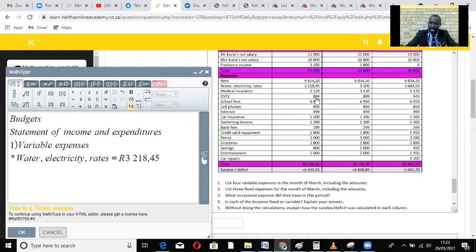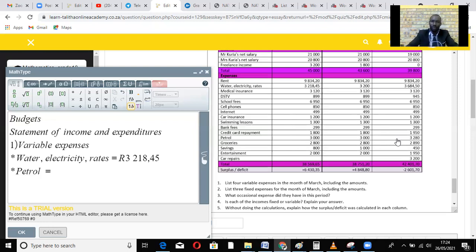DSTV, well, here was expected, but here it changed. What else? Even petrol. Petrol also changed from 3,000 to 3,200. You know, there are a lot of these other items. You know, we can include them down because we are supposed to put them.